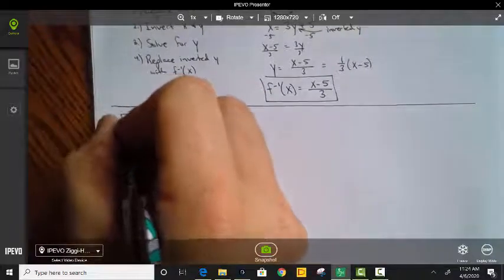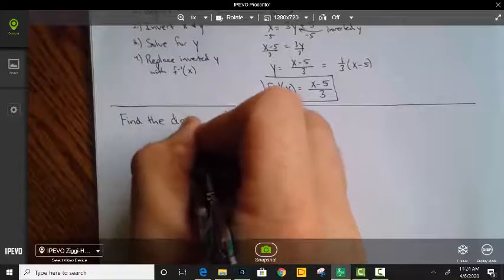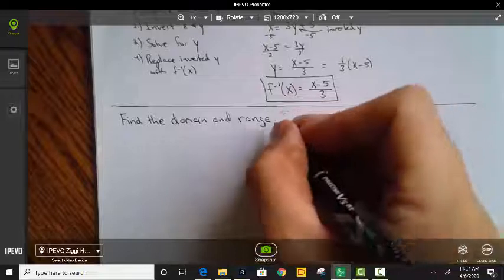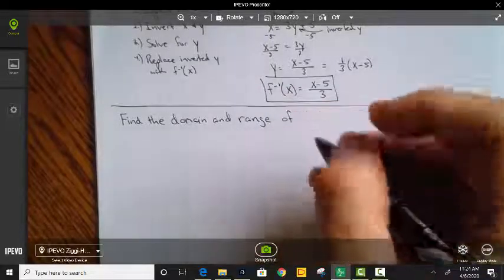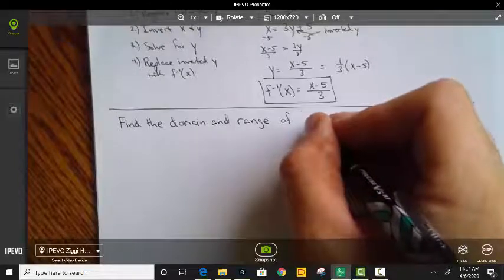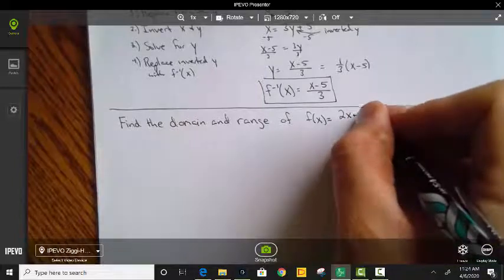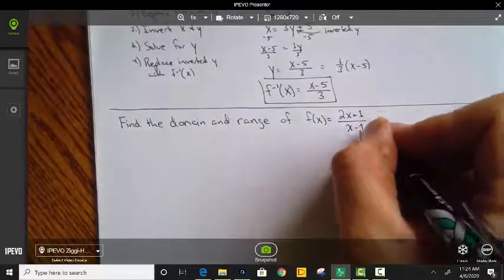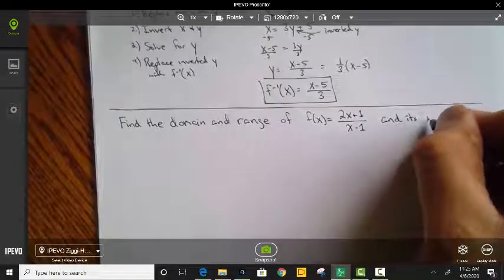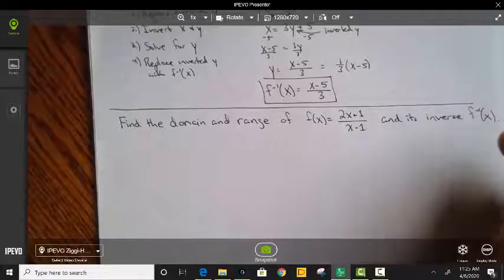So now the last example we're going to do is find the domain and range of f of x equals 2x plus 1 over x minus 1 and its inverse f inverse of x.